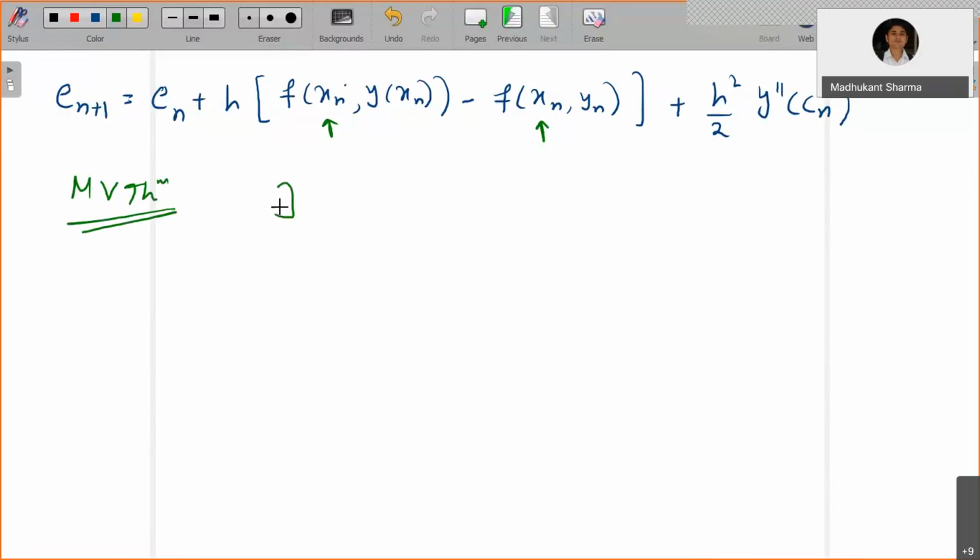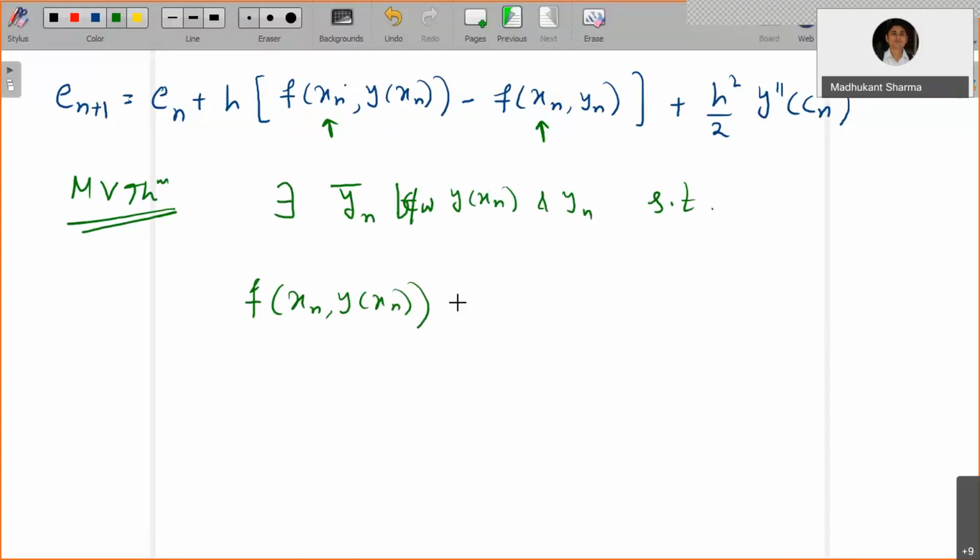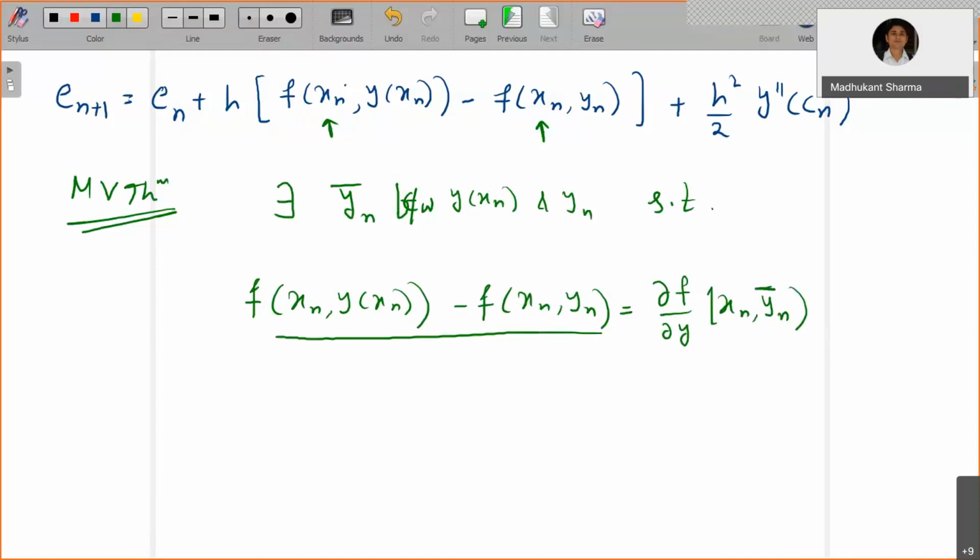It implies there exists some y_n bar between y at x_n and y_n, in this interval, such that f of x_n comma y at x_n minus f at x_n comma y_n can be written as the partial derivative of f with respect to y at x_n comma y_n bar, times y at x_n minus y_n. Note that this y at x_n minus y_n is nothing but e_n.